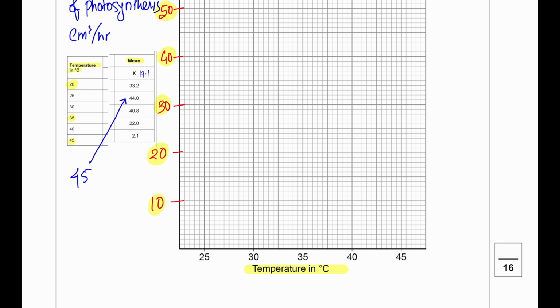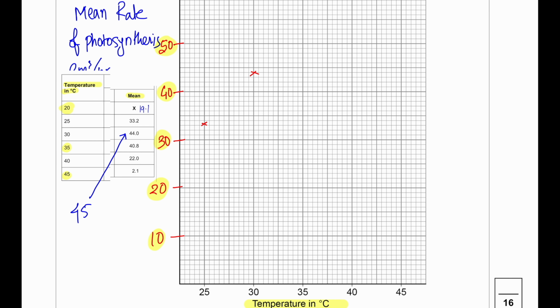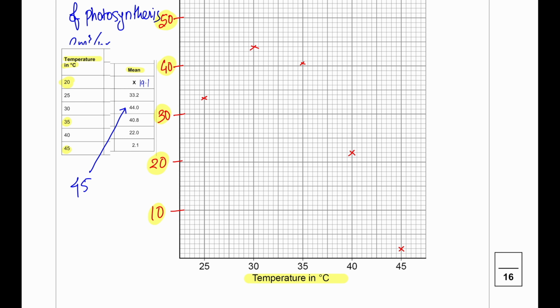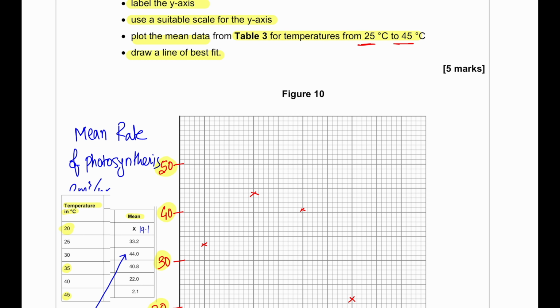So for 20 degrees Celsius, the value was 19.1. Then we are asked to draw a line of best fit, so we'll have to draw a curve.